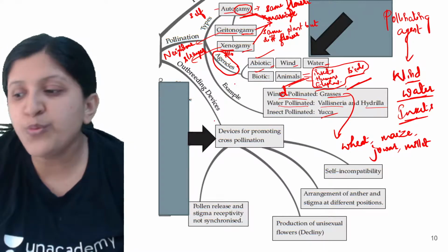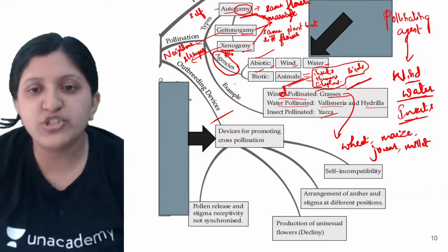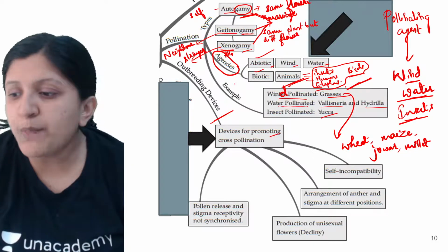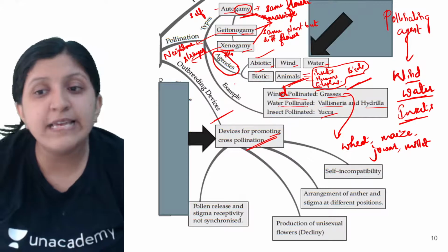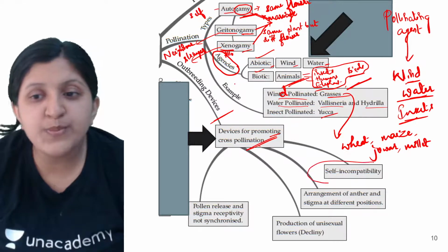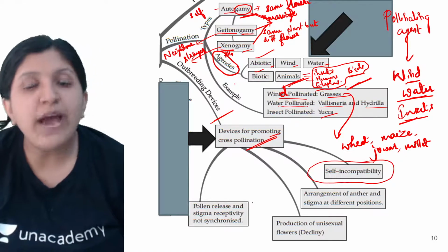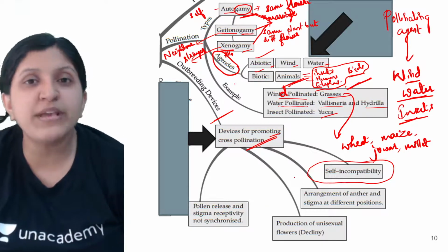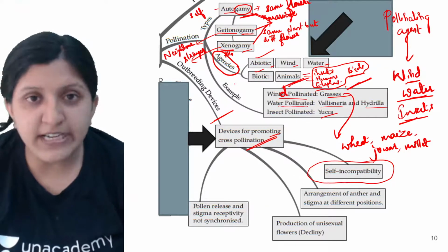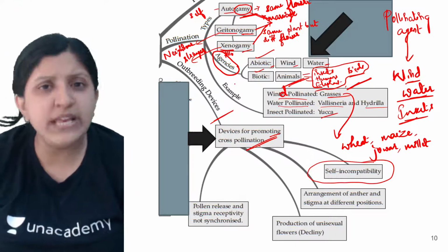Now here, outbreeding devices, when we mention, so devices for promoting cross pollination. How exactly is cross pollination promoted? And why not self pollination? Because self pollination is not going to give us any genetic diversity, or there is no variation.